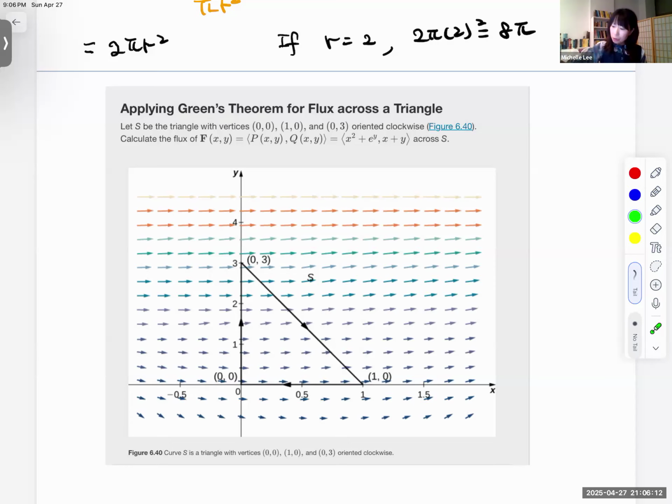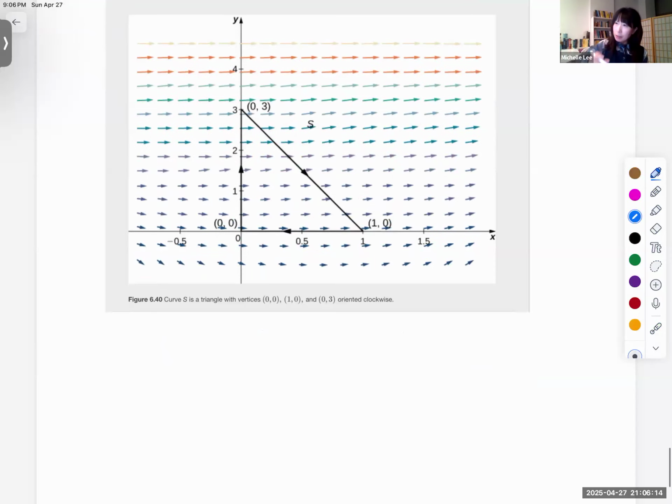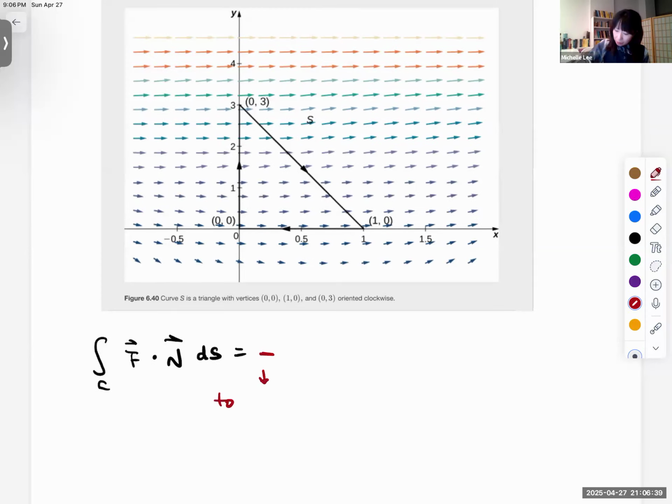So let me show you. We have the formula: curve C, then the vector field dotted with the normal vector, and then the S. Then we want to make a negative in order to make counterclockwise orientation.